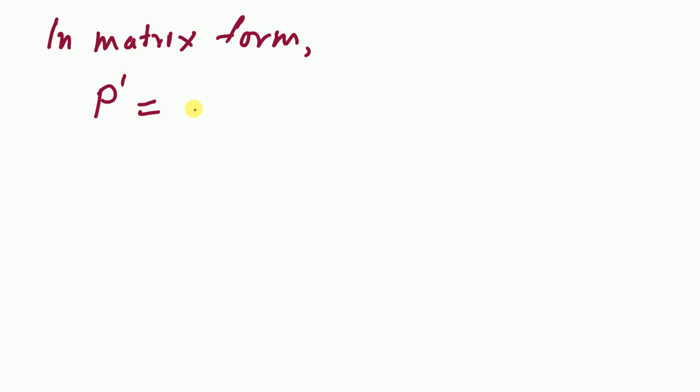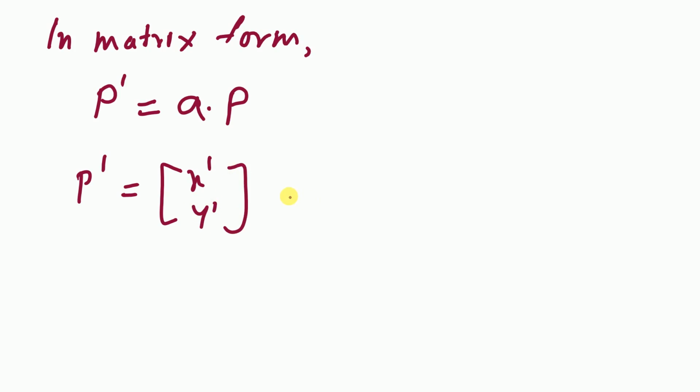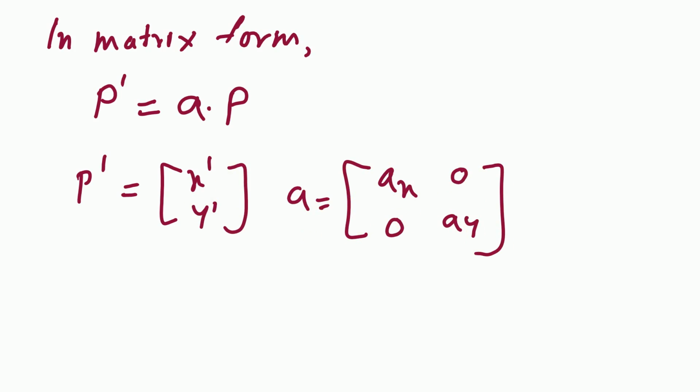The matrix P dash is given by x dash and y dash, matrix A is given by ax 0 and 0 ay. So matrix A is a two-dimensional matrix, and finally matrix P, which is our original location, is equal to x and y.